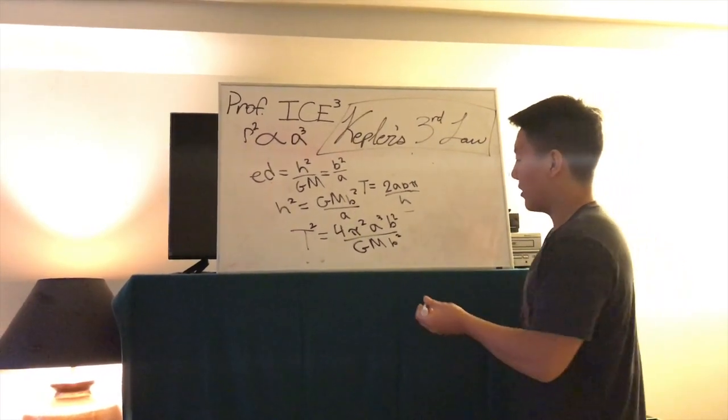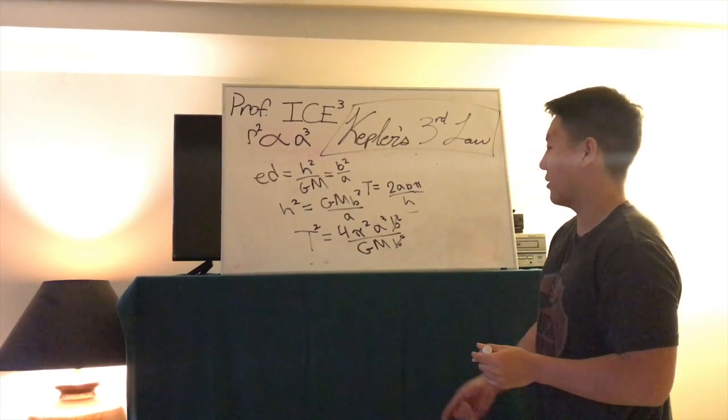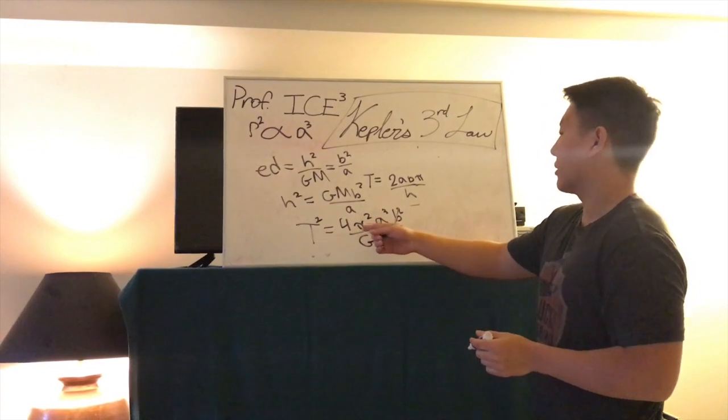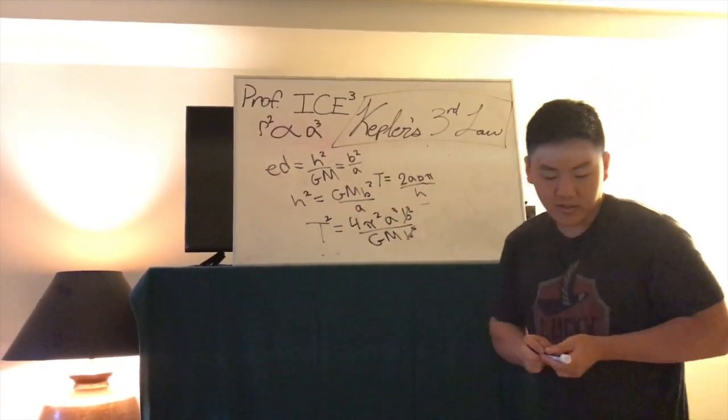And then the b squareds cancel out. So then we're left with this: T squared equals 4 pi squared a cubed over gm.